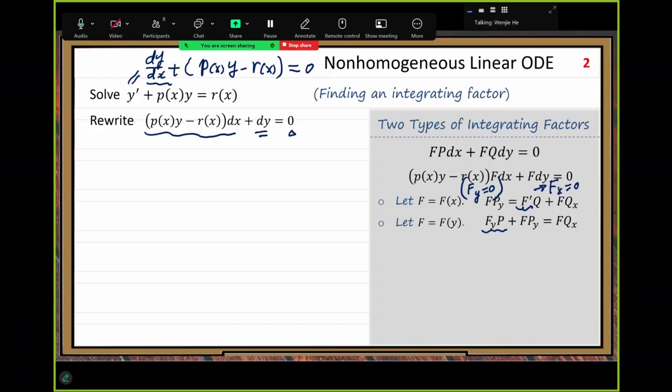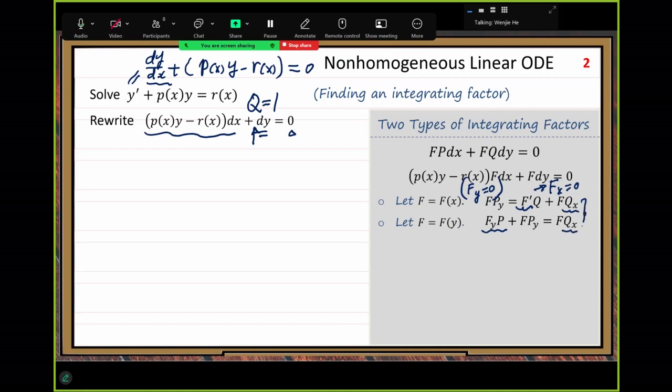Remember the Q function. From the original equation here, Q is constant 1. That means Q sub x equals 0, right?